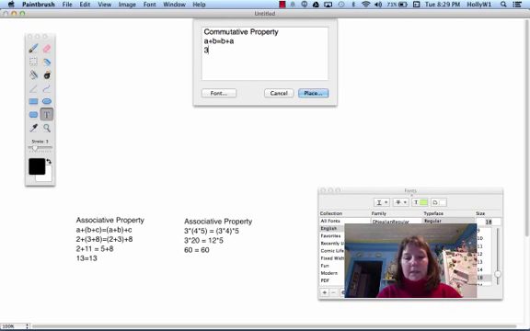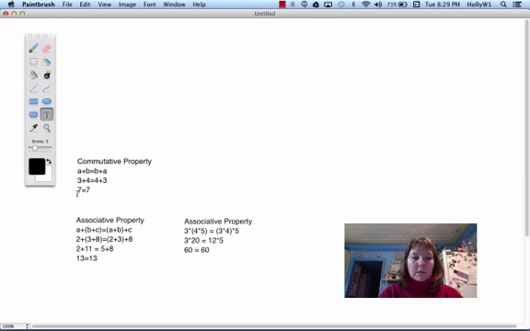If I say 3 plus 4, is that the same thing as saying 4 plus 3? And it is. 7 is equal to 7. So that is true for addition.